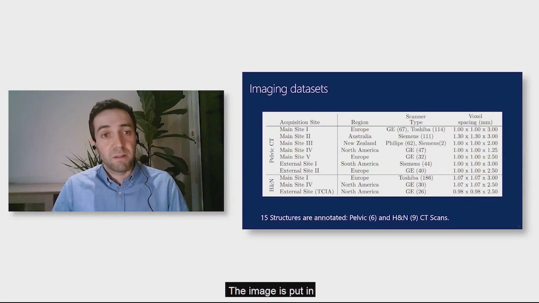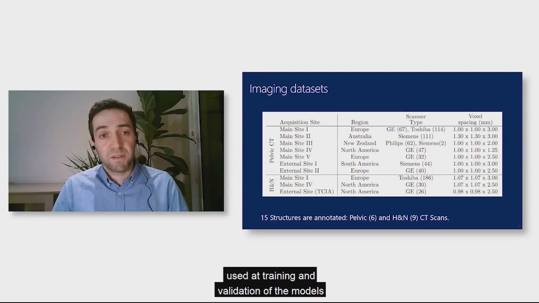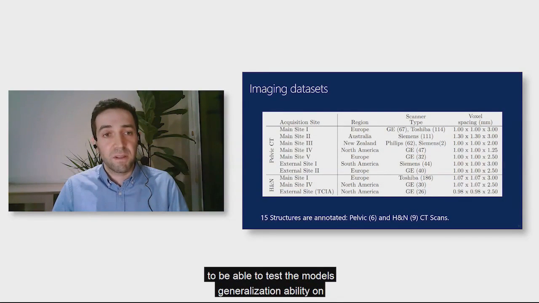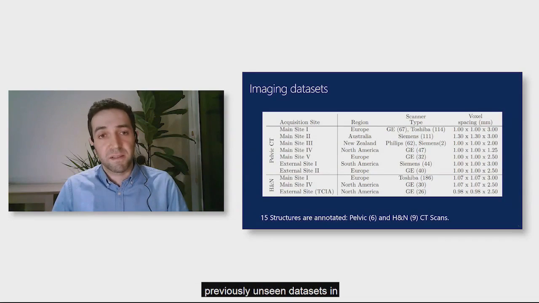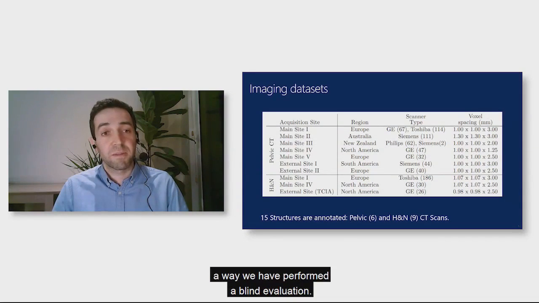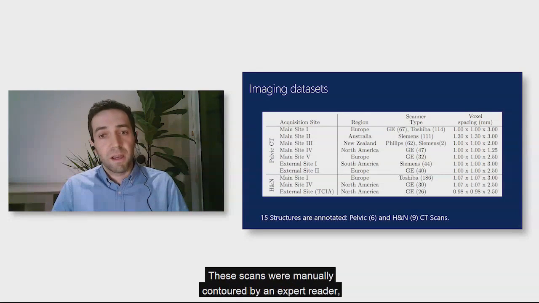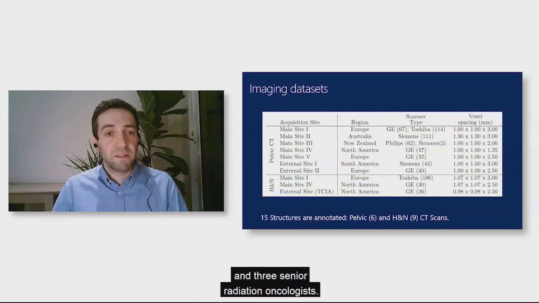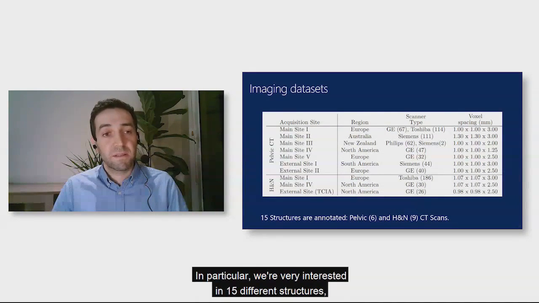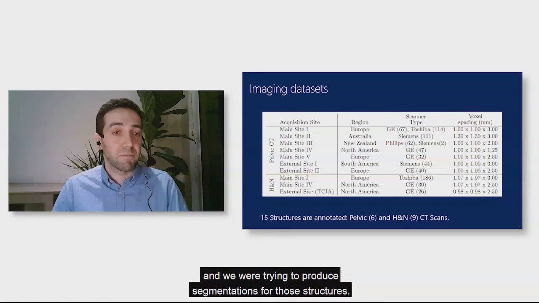The images put in the external sites were not used at training and validation of the models to be able to test the model's generalization ability on previously unseen datasets. In a way, we have performed a blind evaluation. And these scans were manually contoured by an expert reader and 3 senior radiation oncologists. In particular, we were interested in 15 different structures, and we were trying to produce segmentations for those structures.